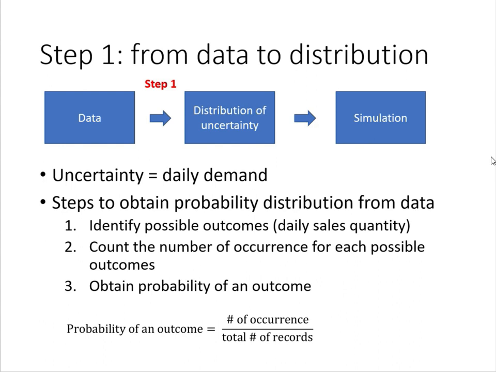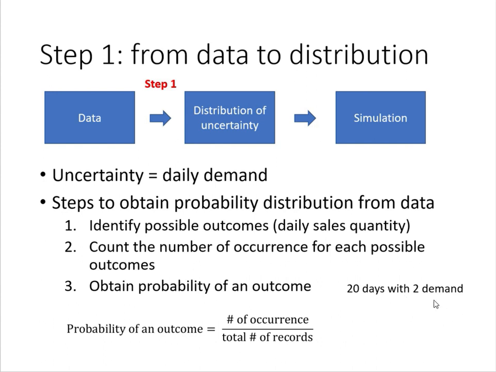Third, we can derive the probability of having that demand by dividing the number of days with that demand by the total number of records in the data. Now let me give you an example. It's actually a very simple idea. Let's say you look at the data and there are 20 records with a demand of 2.